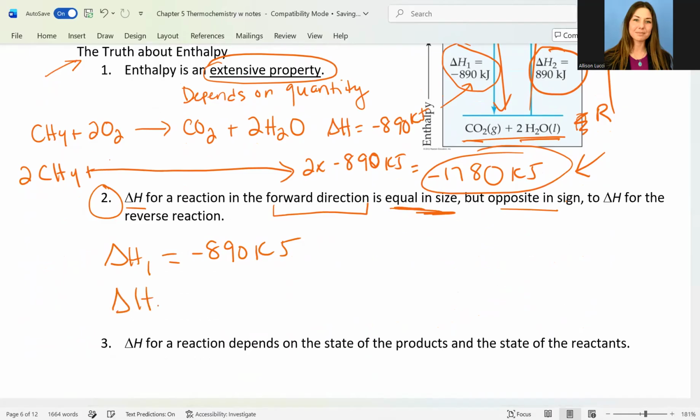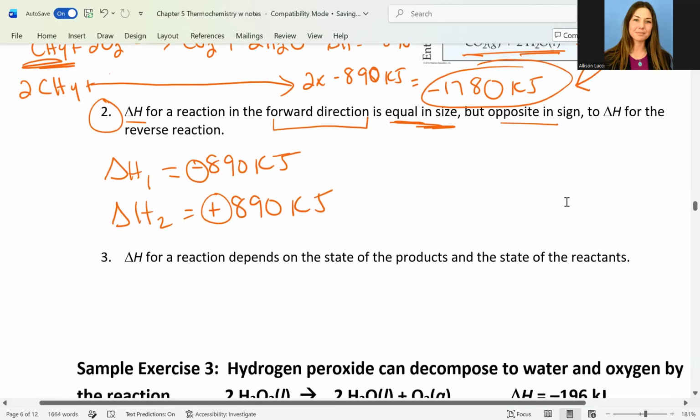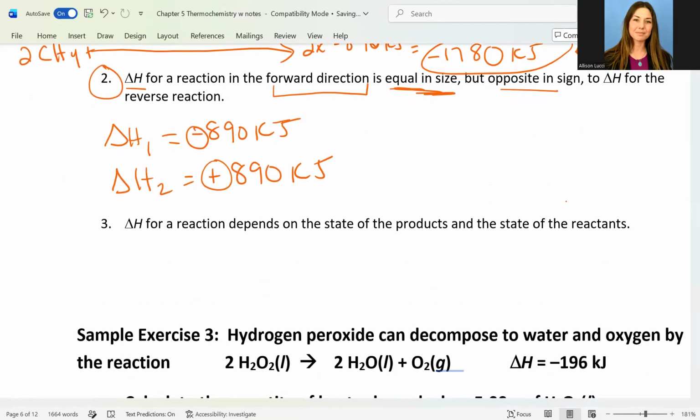The delta H2, the reverse of that, is going to be positive, but the same amount, 890 kilojoules. And these values were shown for 1 mole of methane, but then we could definitely multiply by 2 to get that value above.